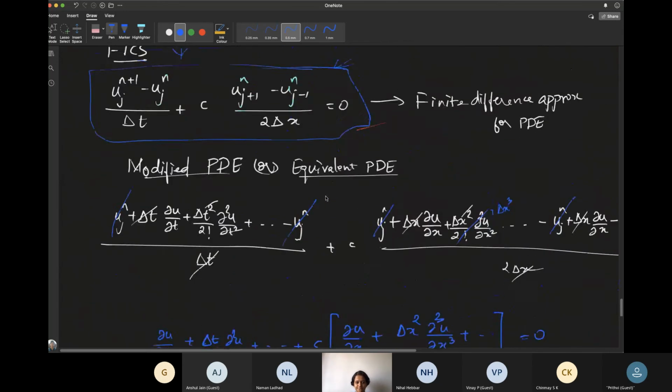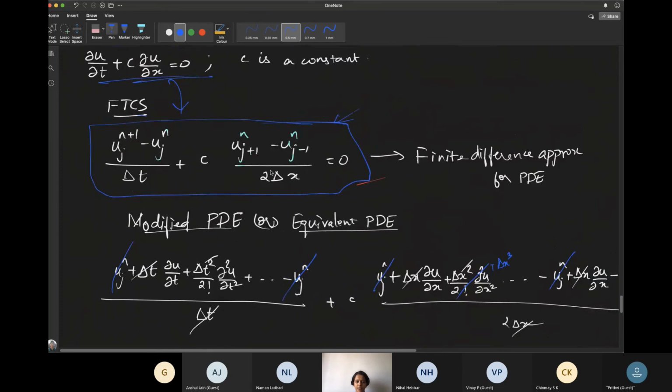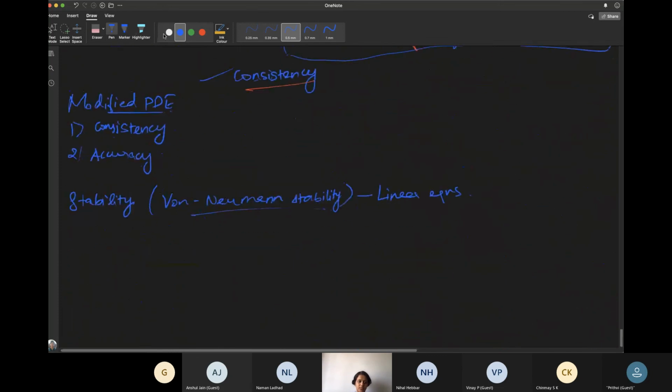So here, let's rewrite this FTCS. Let's do it for FTCS itself.